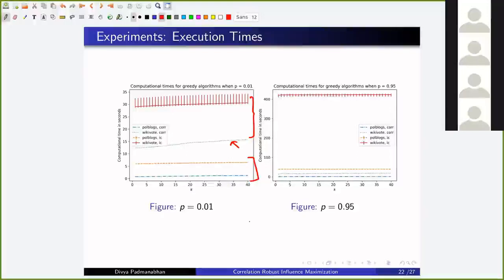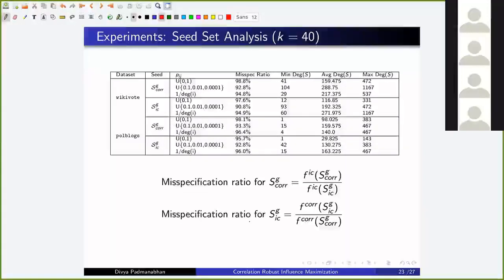This also reflects for different values of P, and we've checked this, that the robust model is indeed faster. On the seed set analysis, we were trying to mimic some of the concepts of price of correlations here, but we don't have the truly optimal seed set for any of these models. So what we did was compute this misspecification ratio.